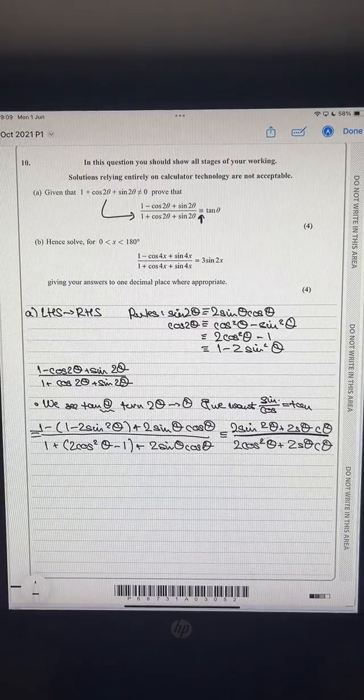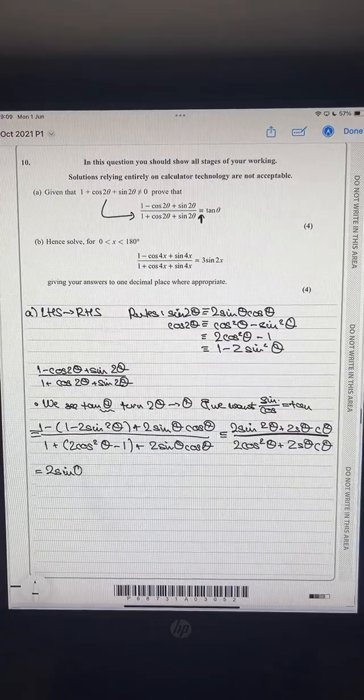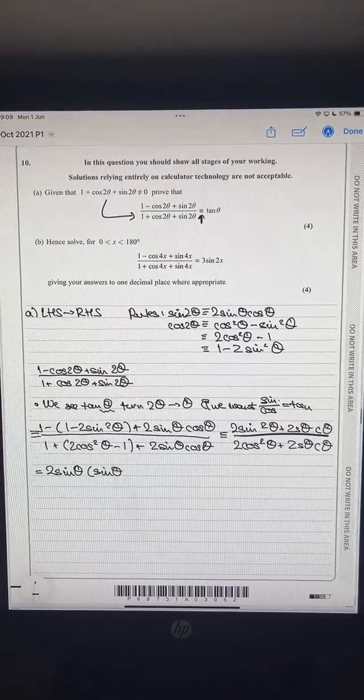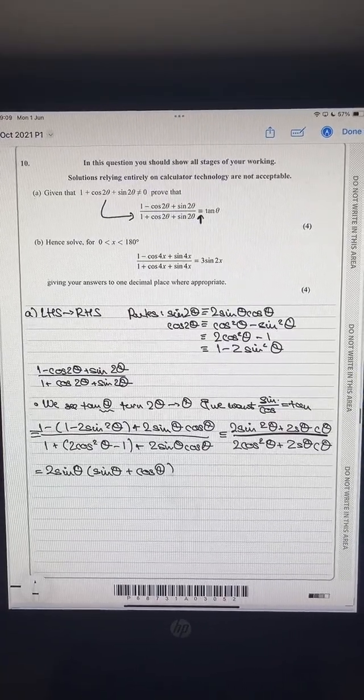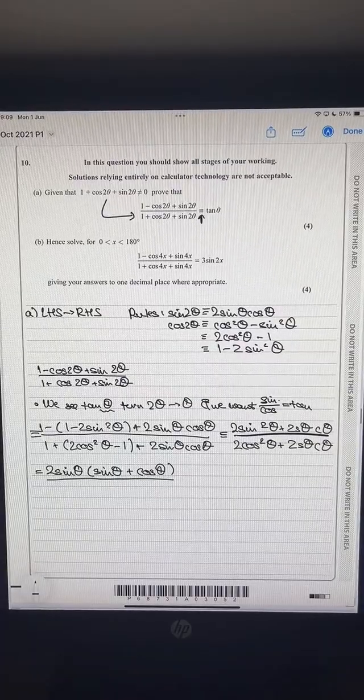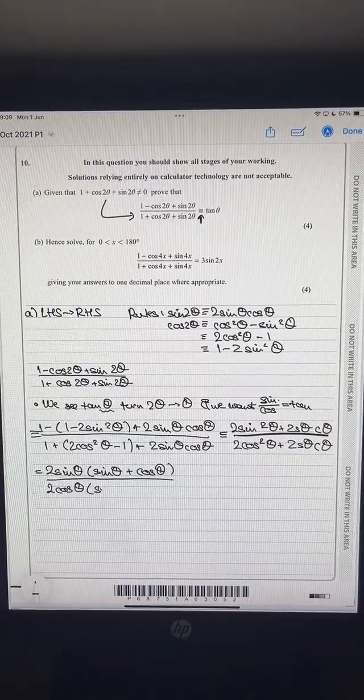So I have some 2 sine thetas up here, so I'm going to factorize that out on my numerator. So I've got 2 sine theta multiplied by sine theta plus cos theta divided by, and then here I've got cos theta and 2 cos theta in both, so I'm going to factorize that out on my denominator, and look, I've got sine over cos, which is being very nice, and then my 2's can cancel, so I'm getting pretty happy now.